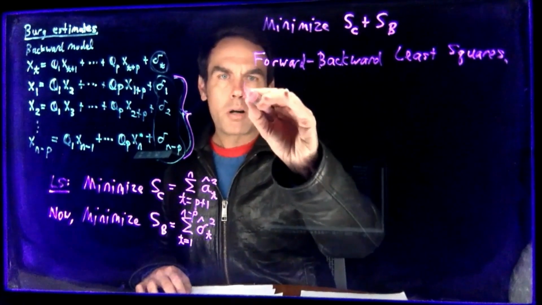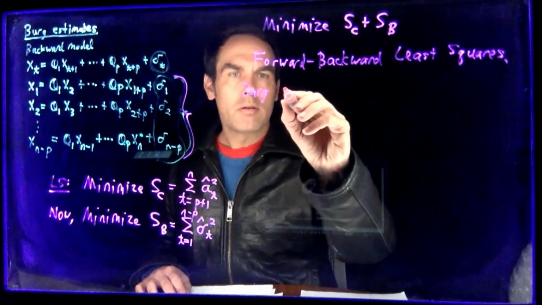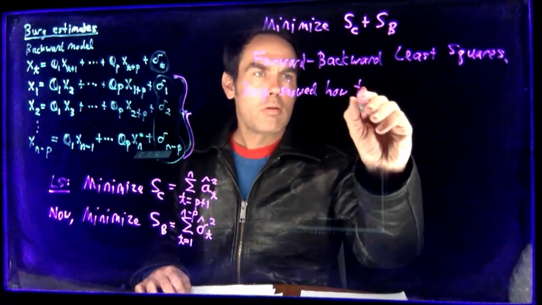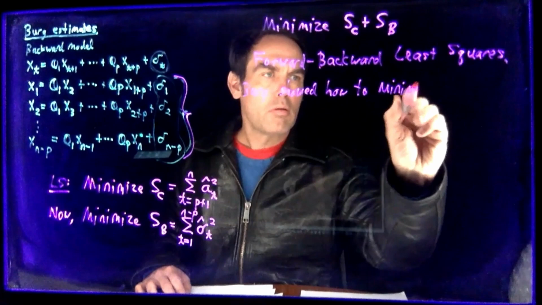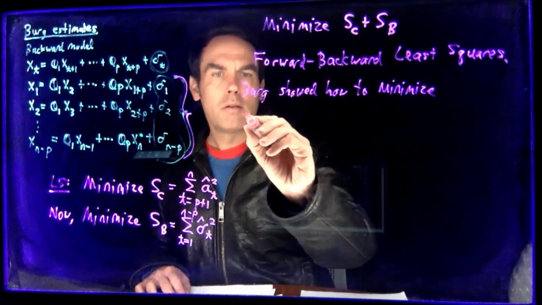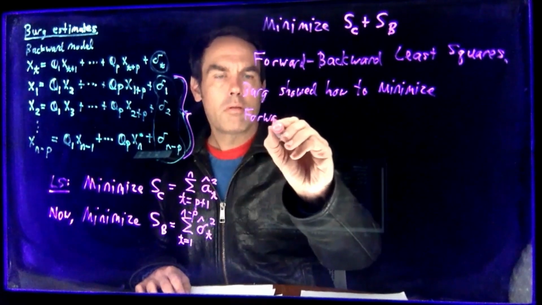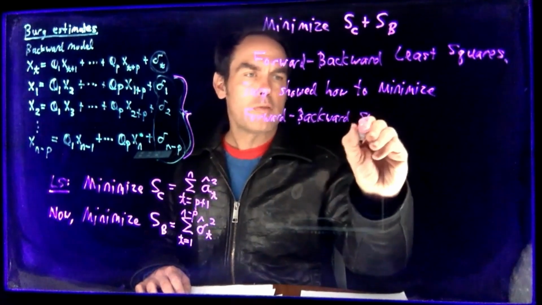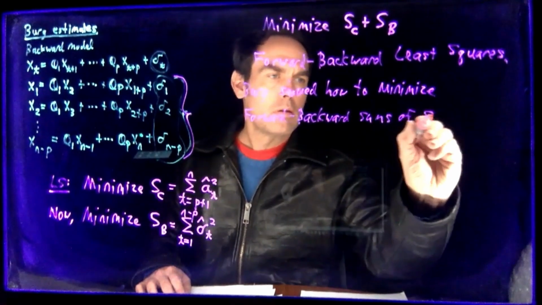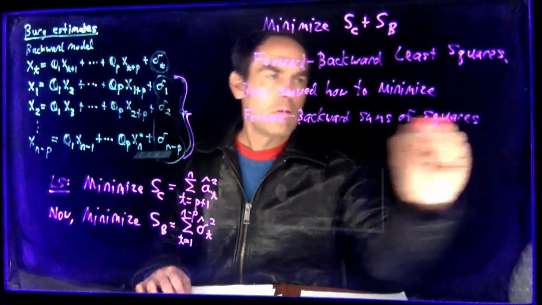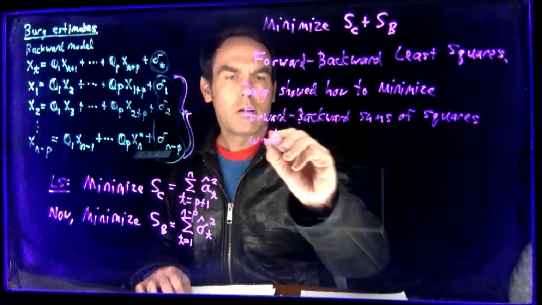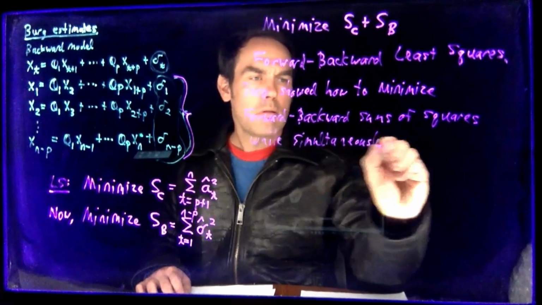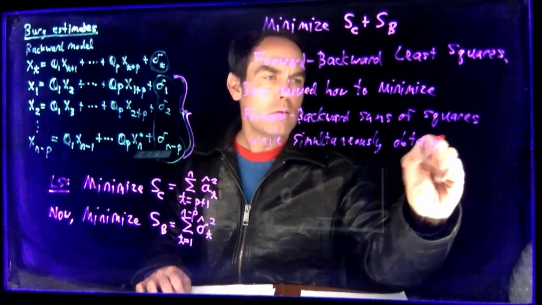Now, here's where Burg comes into play. Burg showed how to minimize these forward-backward sums of squares while simultaneously obtaining a stationary solution.